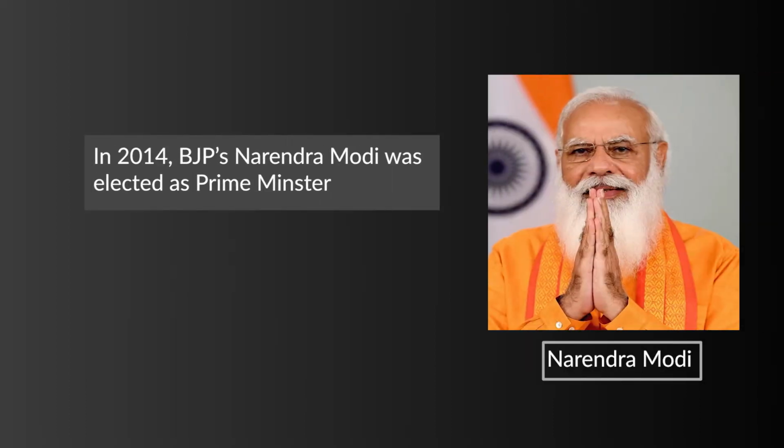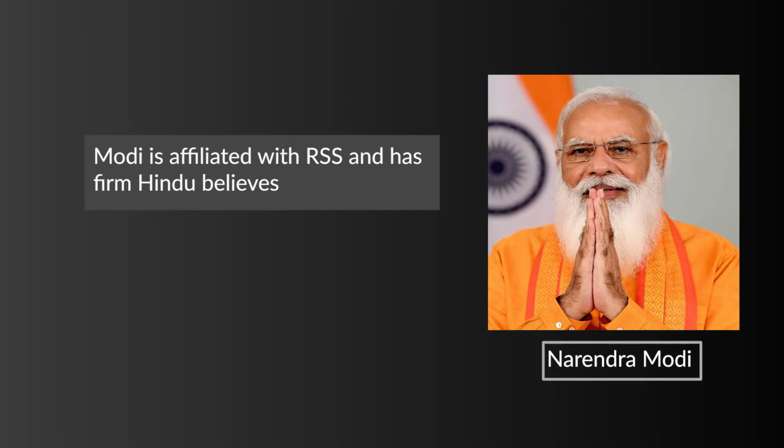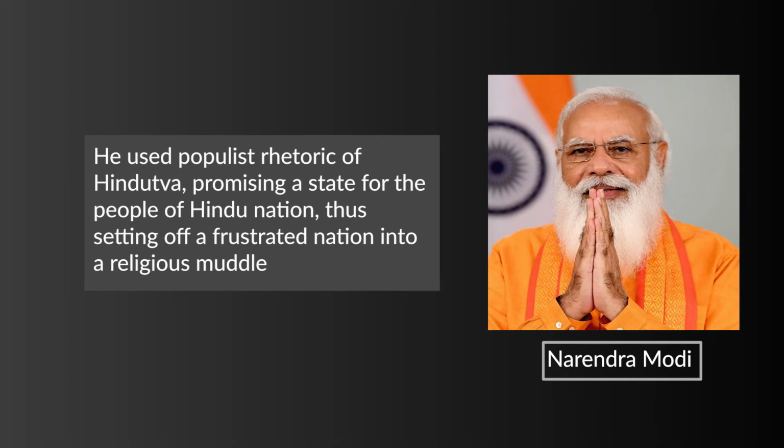In 2014, BJP's Narendra Modi was elected as the Prime Minister. Modi is affiliated to the RSS and had firm Hindu beliefs. He used the populist rhetoric of Hindutva, promising a state for the people of the Hindu nation.